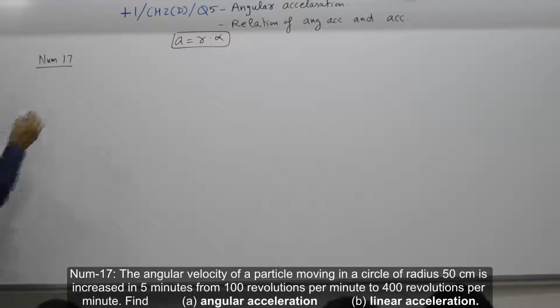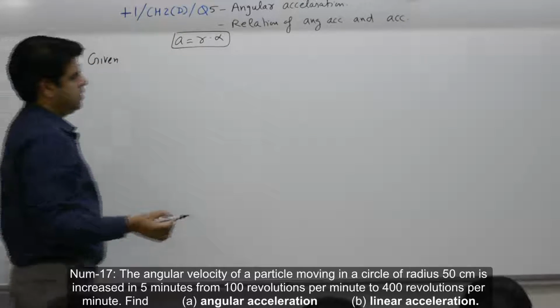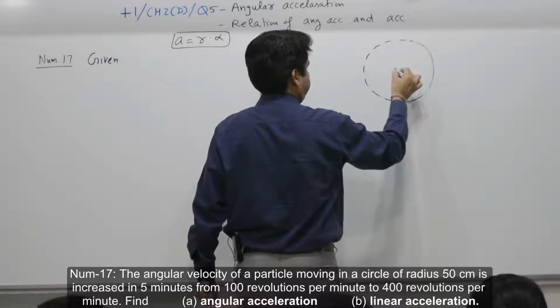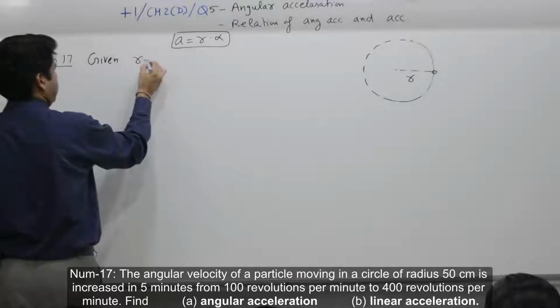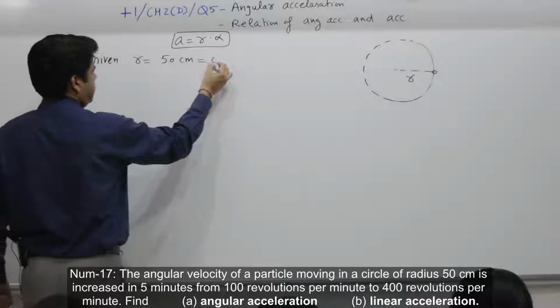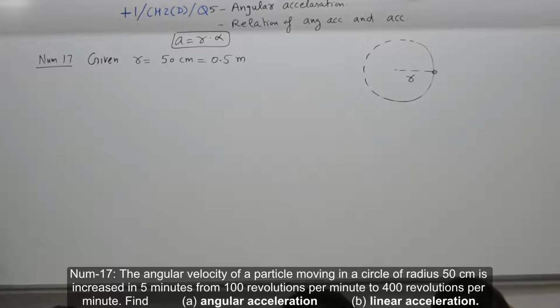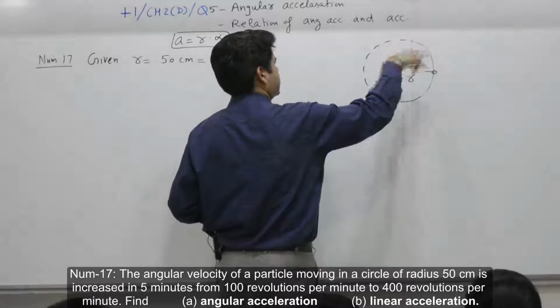What is given is a particle moving in a circle of radius 50 centimeter, that is 0.5 meter.